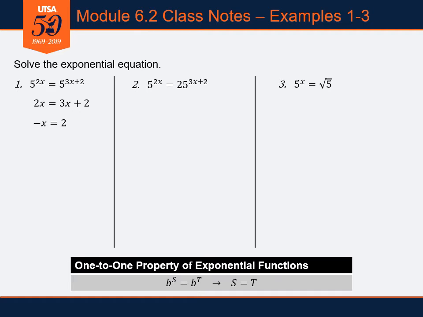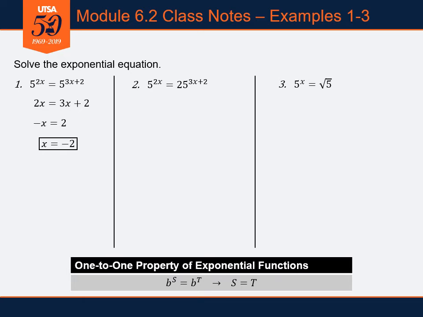Subtract 3x on both sides, you get negative x equals 2. Move that negative over to the other side, you get x equals negative 2. And we're good. So if you have an exponential equation where both sides of the equation are powers of the same base, then you can effectively cancel those equal bases and just set the powers equal to each other and work out what x is from there.